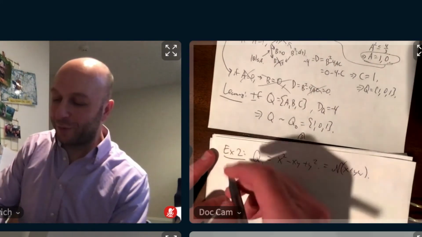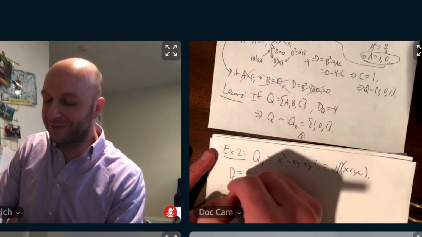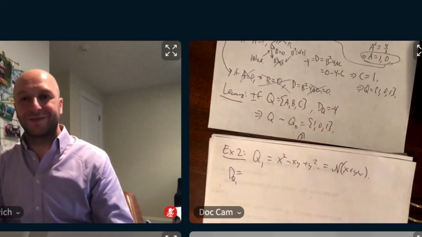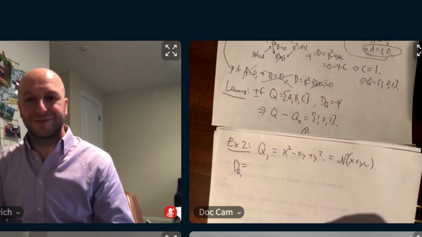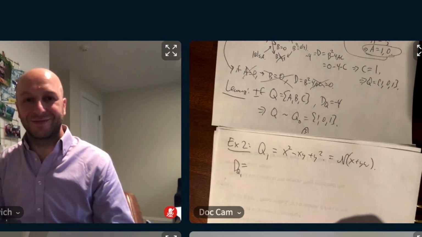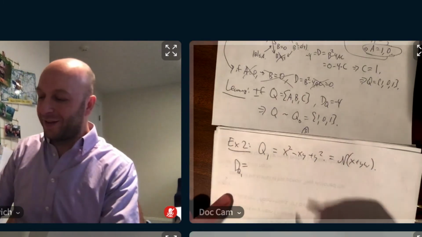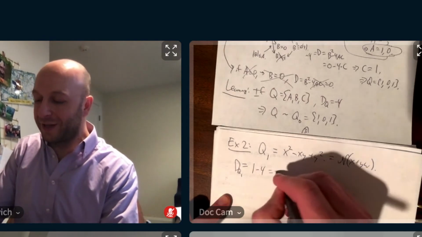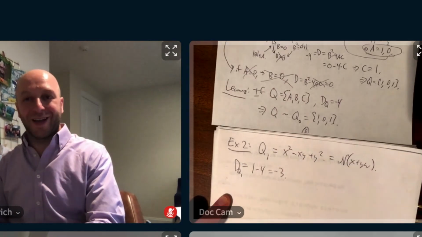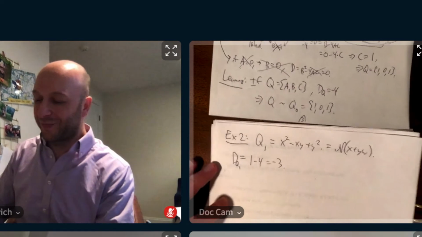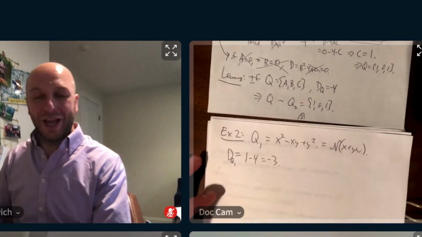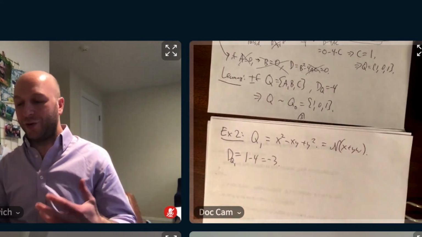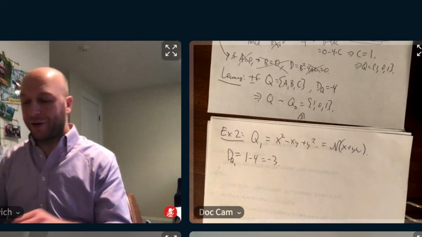What's its discriminant? Negative 3. B squared is 1 minus 4ac. The discriminant is negative 3. Exactly.